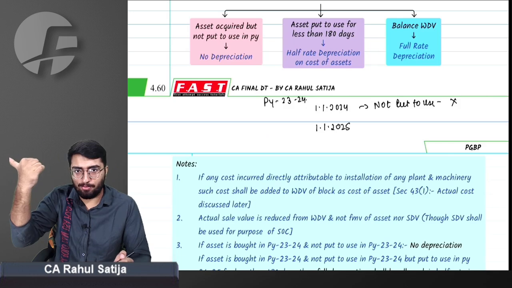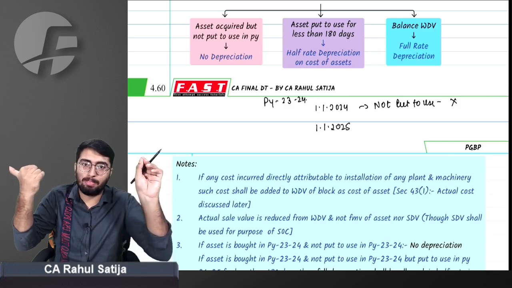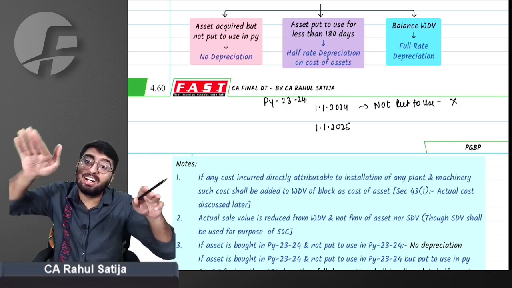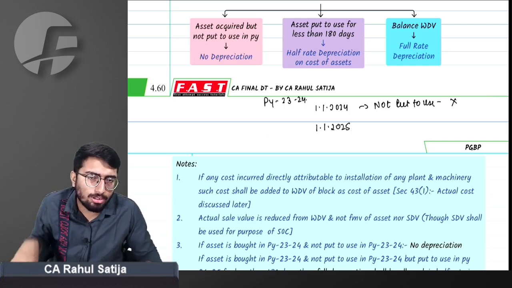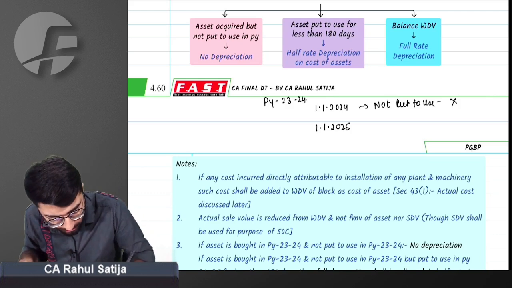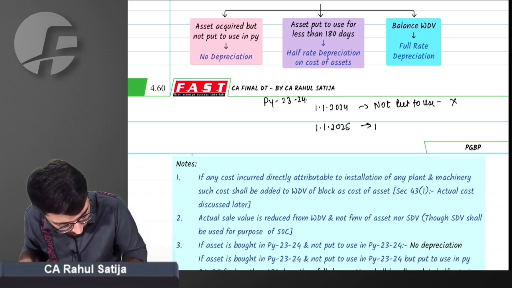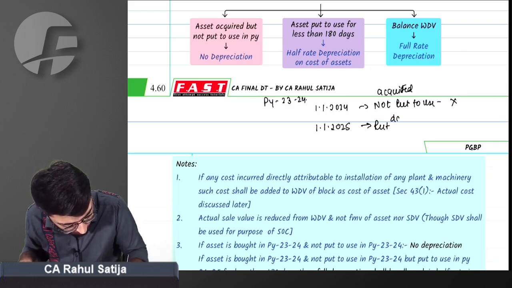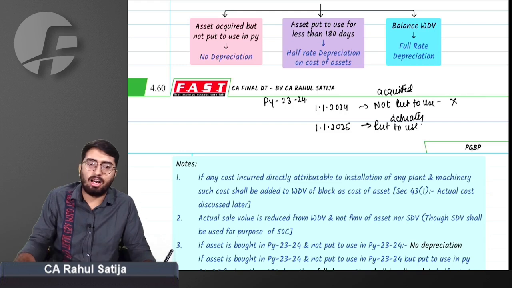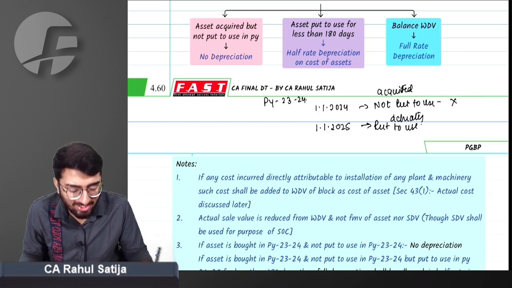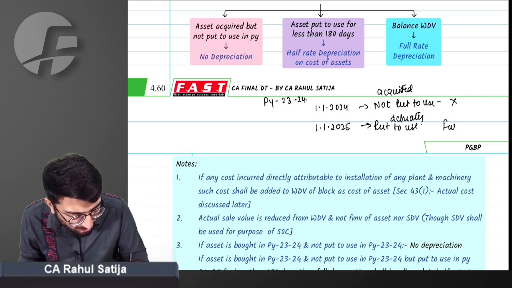Acquired was in the previous year, but is put to use in the next year. Will full depreciation be allowed or half rate depreciation be allowed? Right answer is, in this case, full depreciation will be allowed.